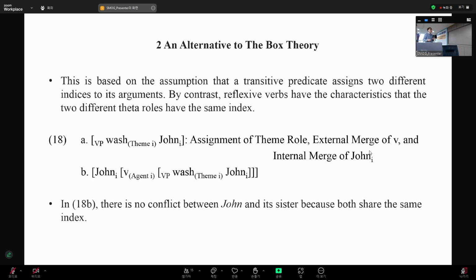In the reflexive verb construction, I assign index i, and then if this is a reflexive, this verbal complex assigns index i, the same index i. So there is no conflict between the copy "John" and the assigned index. So in this case, it's possible for "John" to undergo internal merge and then assign one more set. So this is how the reflexive verb construction is generated.